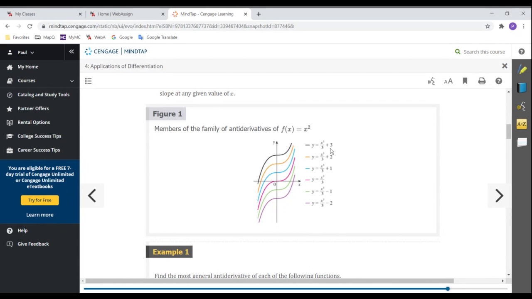So y equals x cubed over 3 plus 3, 3 is a value of c. y equals x cubed over 3 plus 2, 2 is a value of c. There's a family of antiderivatives for the function f of x equals x squared because of that unknown constant c that you just saw. c is a constant. It could be any number. And that generates a family of antiderivatives for your function. All right, are there any questions on that?